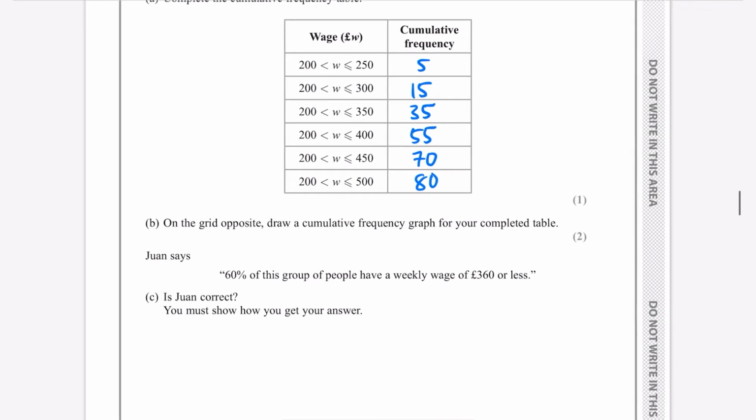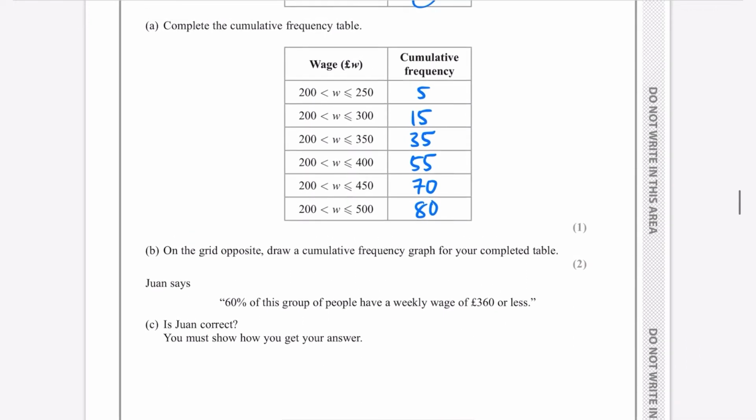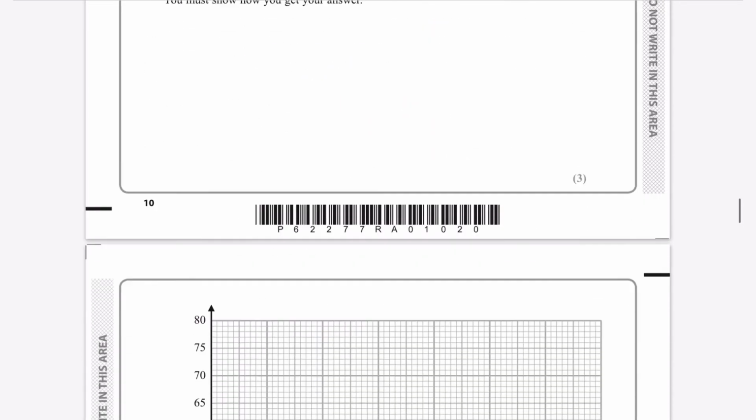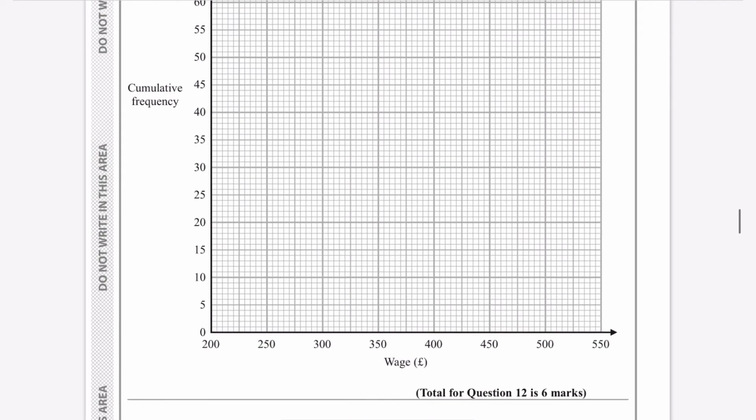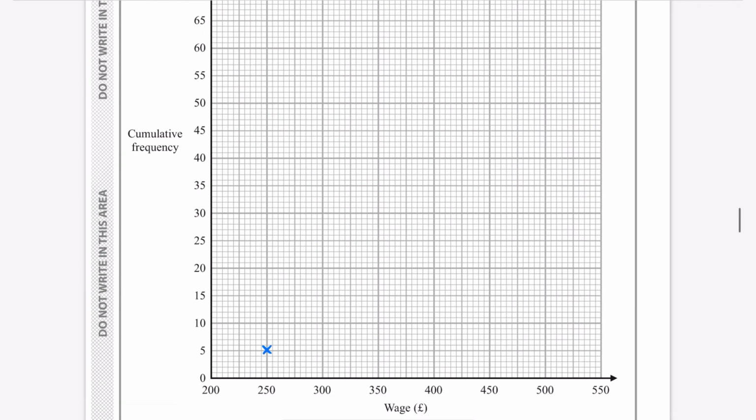It then says on the grid opposite, which I've got below, we're going to draw a cumulative frequency graph for your completed table. Unlike a frequency polygon, you're going to plot the top part with these numbers that we have. So that's the 250 with a 5, then 300 with a 15.